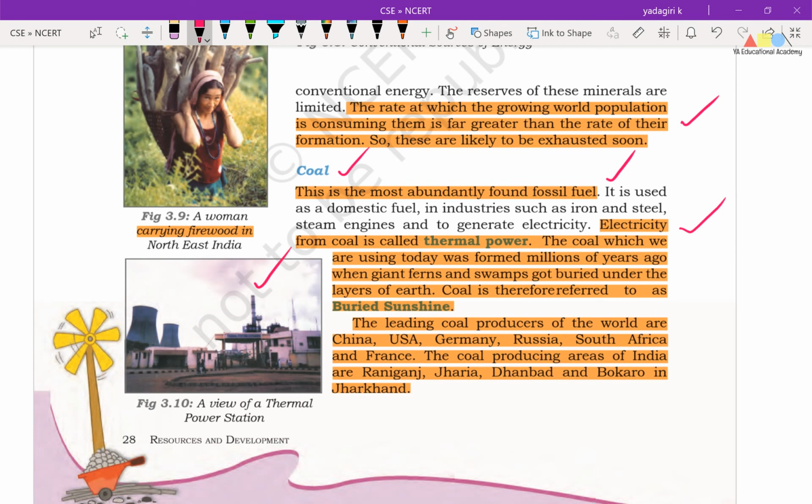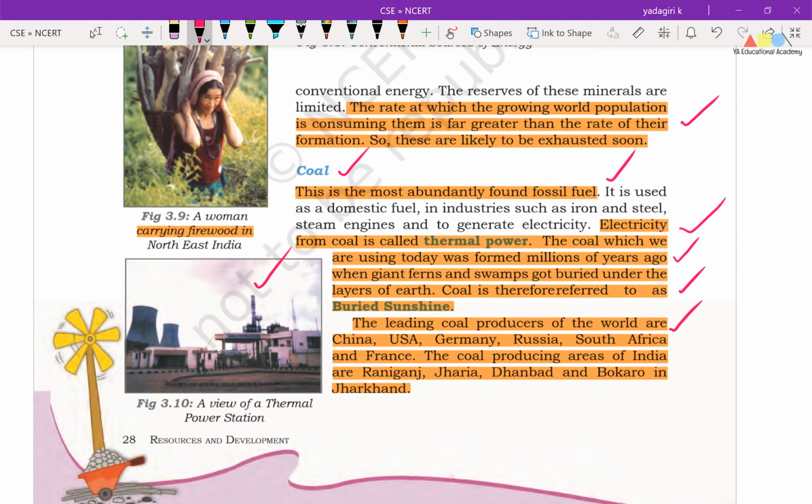Friends, this is a typical power station. Right friends, the coal which we are using today was formed billions of years ago, when giant ferns and swamps got buried under the layers of earth. So coal is therefore referred to as the buried sunshine.